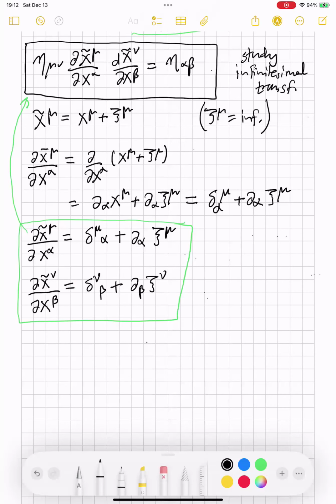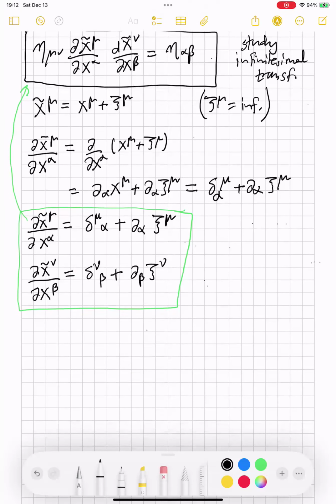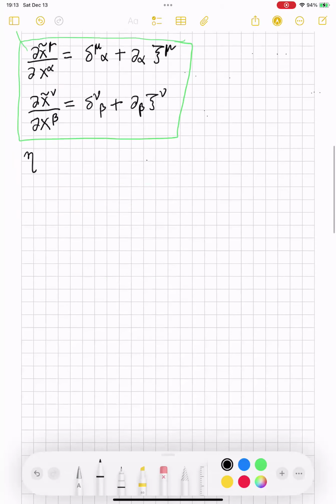So what do we have? We've got eta mu nu. Then we need to multiply by dx tilde mu over dx alpha, which we've got here. So we'll have delta mu alpha plus d alpha zeta mu.